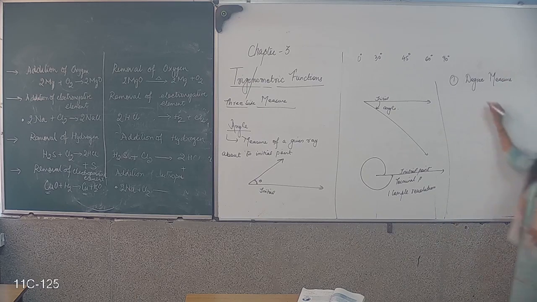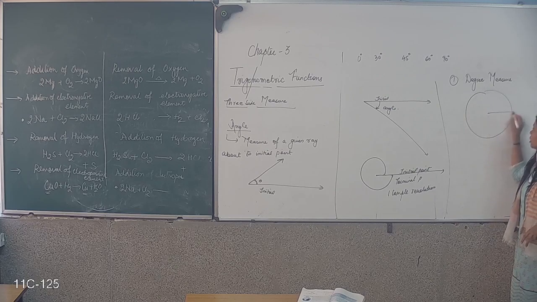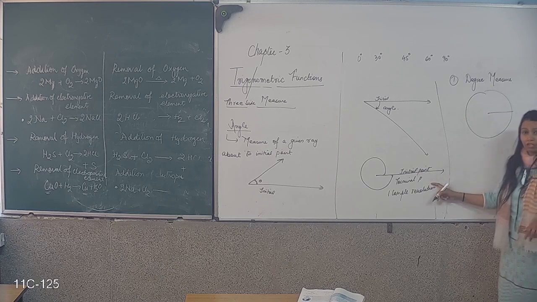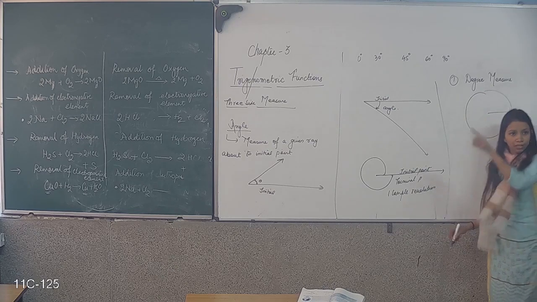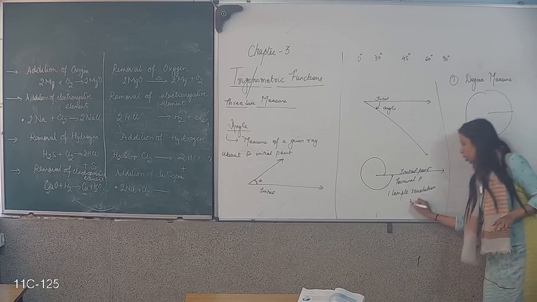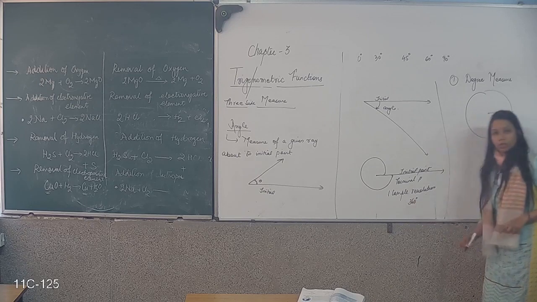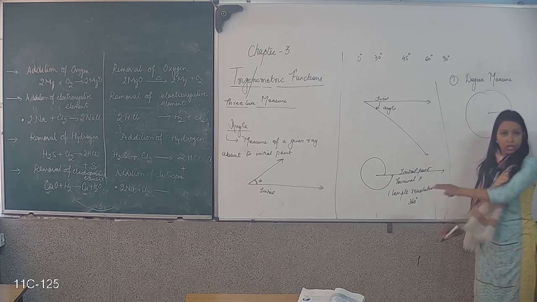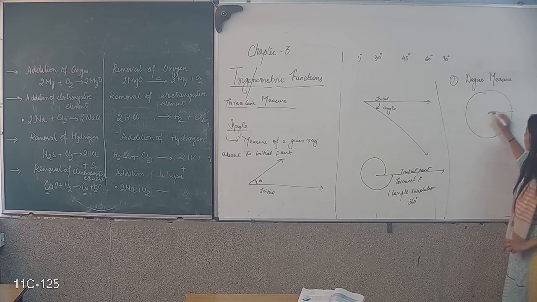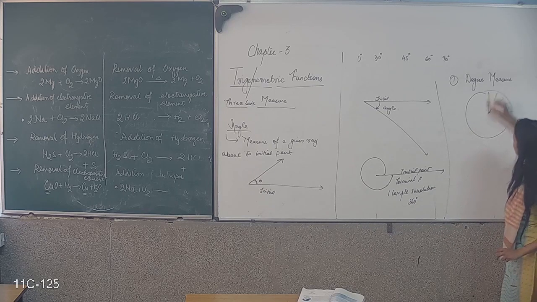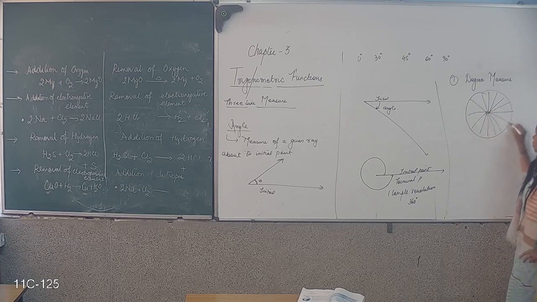So what is this? If I have a circle and I divide this circle, because one complete revolution, एक पूरा complete revolution क्या होता है? It's 360 degree. एक पॉइंट से दूसरे पॉइंट तक कितना है? 360 डिग्री. If I divide it into 360 parts, then one part will be 1/360 of the entire circle.